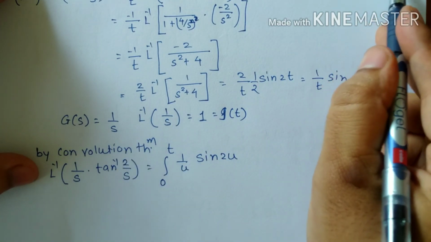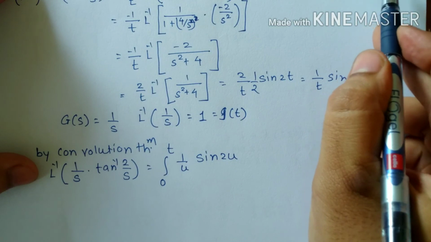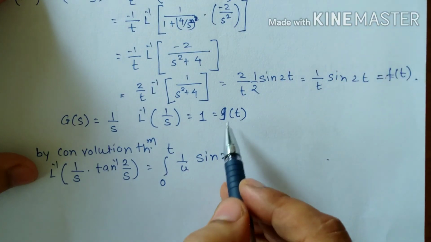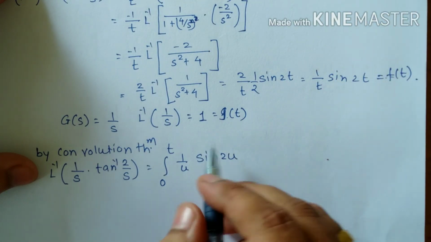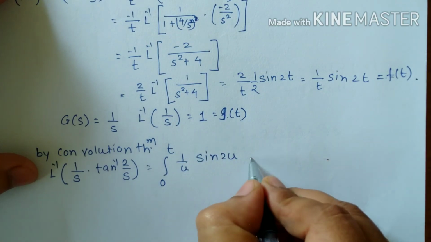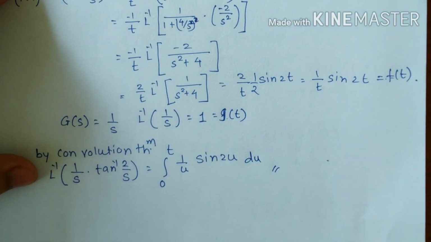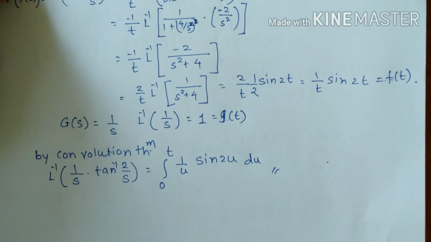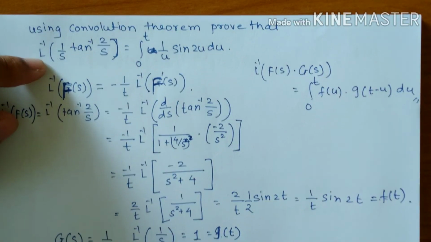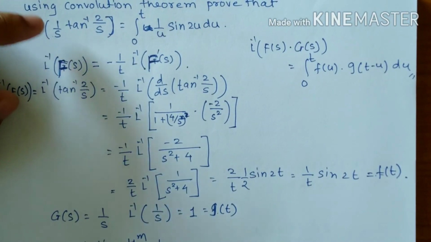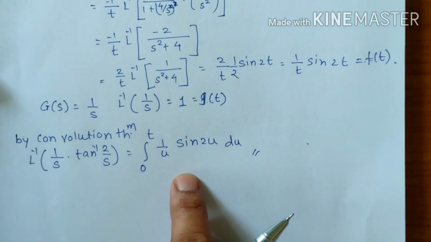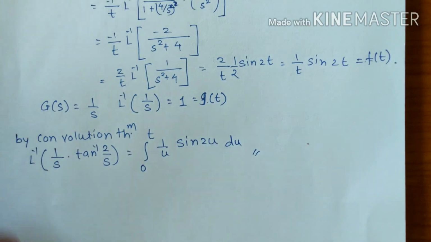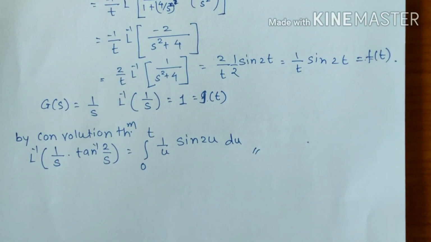Now in g of t minus u, in g of t replace t by t minus u, but here g of t is a constant function, so there is no need to change anything. So am I getting my required statement? This is my required and I am getting the same one. So this is one of the miscellaneous examples that I wanted to discuss with you.